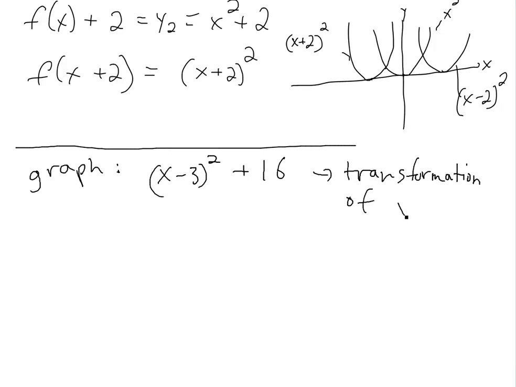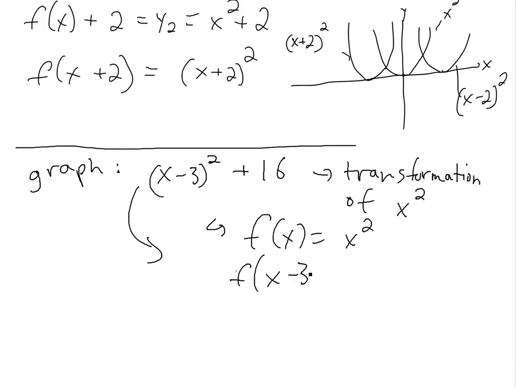That's all we're doing. If f of x equals x squared, then this function is just f of x minus 3 plus 16. So all we're doing is shifting this function.